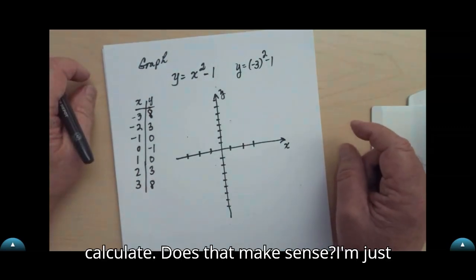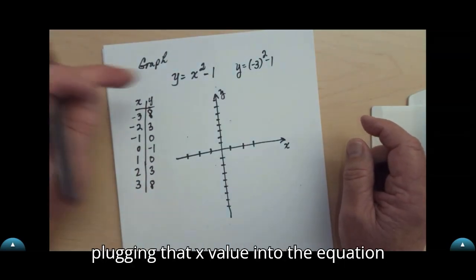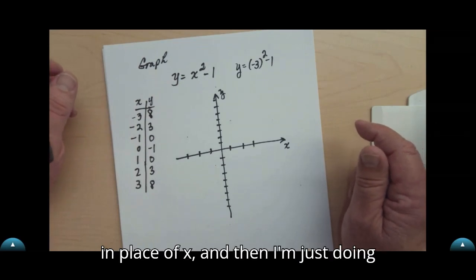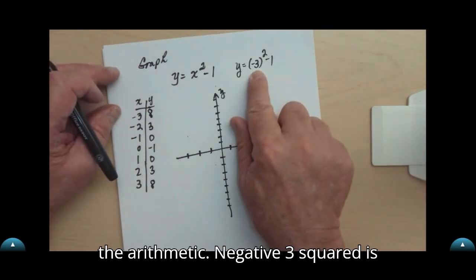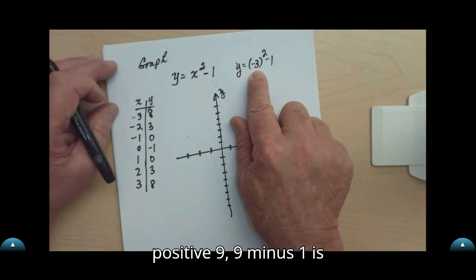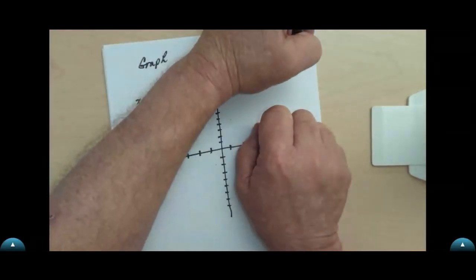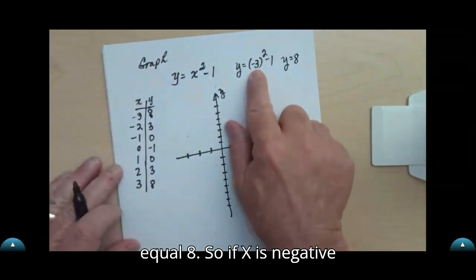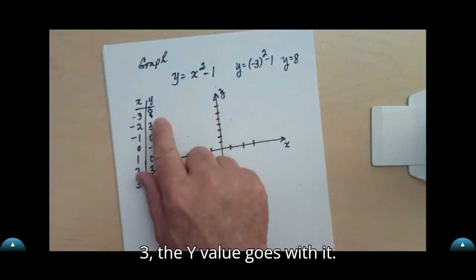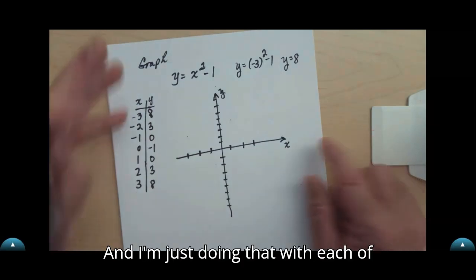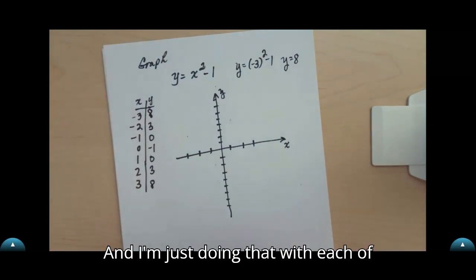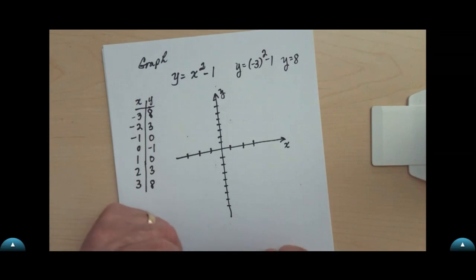I'm just plugging that x value into the equation in place of x, and then I'm just doing the arithmetic. -3 squared is +9. 9 minus 1 is 8. So I get y equal 8. So if x is -3, the y value that goes with it is 8. And I'm just going down the line doing that with each of those x values. Everybody see that?